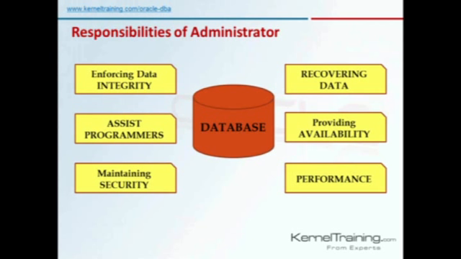You will have some people in your company called developers or programmers who will be writing the queries and inserting data into the tables. What is your job as a DBA? Your job is monitoring and checking that your data is kept properly in your database. The actual job of inserting the data is done by your programmers or developers.